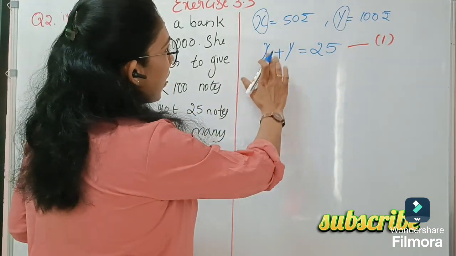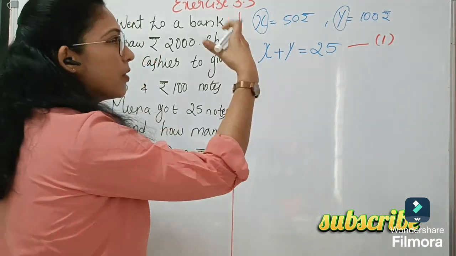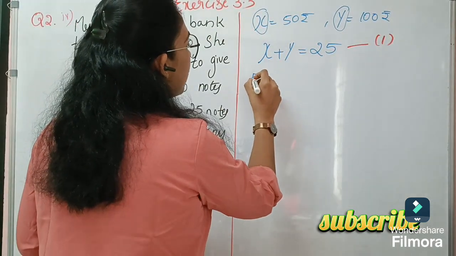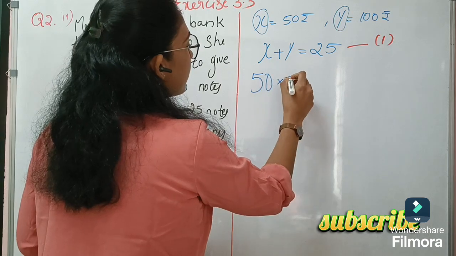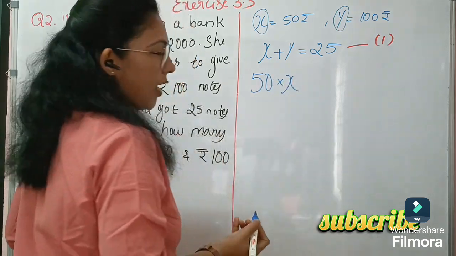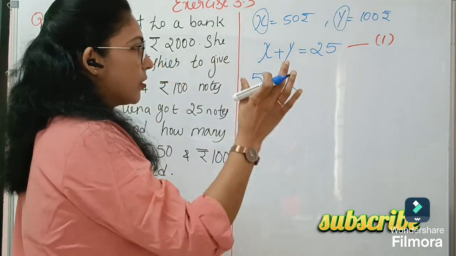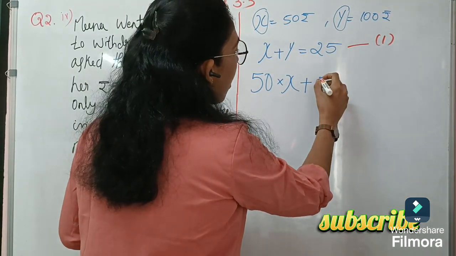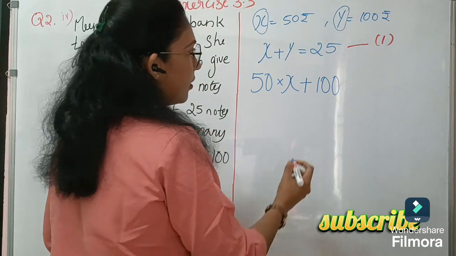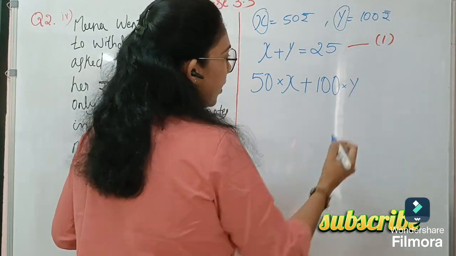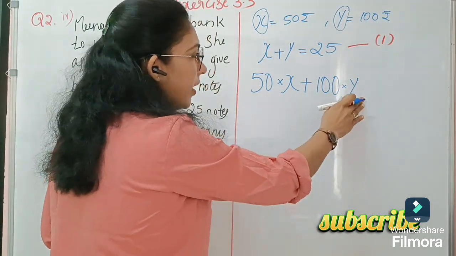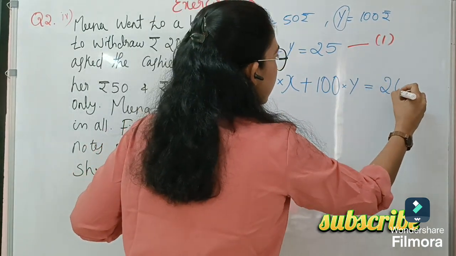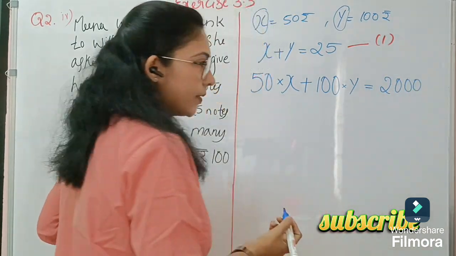We know that x 50 rupees notes are there, plus y 100 rupees notes are there, and all together we get 2000 rupees.